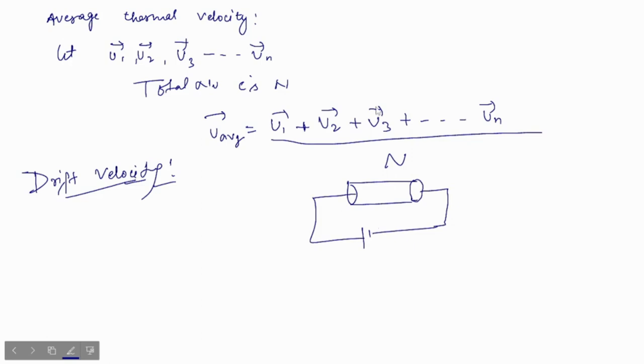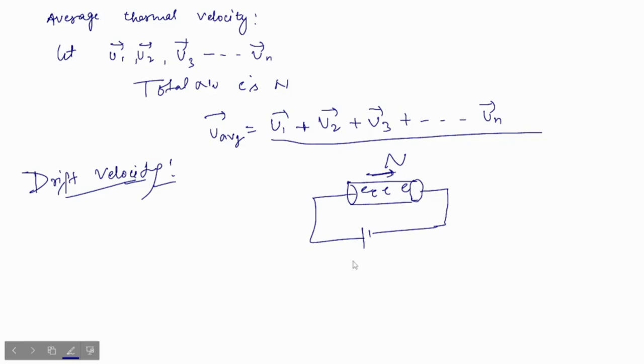As a result of this, each electron will experience an electric field. The electric field will be set up in this direction, since this end is at higher potential and this is at lower potential.